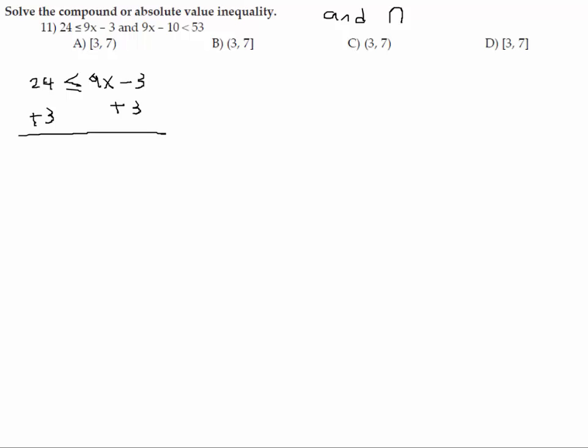Thank you. 24 plus 3 gives you 27. That would be 9x, and then we divide both sides by 9. You notice again we are dividing by a positive, so we don't change the direction of the inequality. So this would be the first set here. It says "and," or intersection.